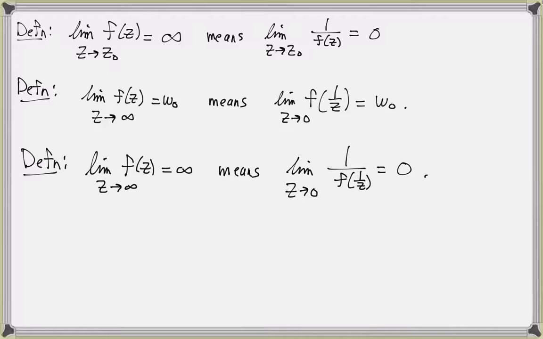So this combines the previous two definitions. So we're actually going to define limits involving infinity in terms of limits involving 0, where we use reciprocals, 1 over f of z or 1 over z, or both. So let's look at some examples using these definitions.